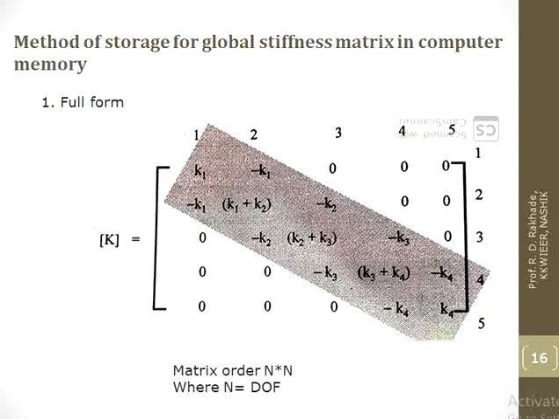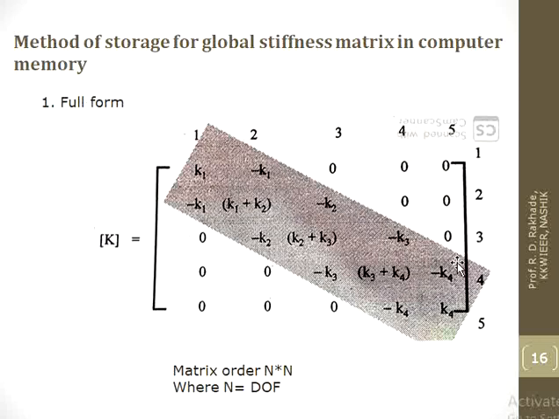So what is a band? If you consider the diagonal, the non-zero values in the matrix around it are nothing but the band. Next, the method of storage of the global stiffness matrix in computer, meaning how the computer stores the given elements. This is the first form, that is full form.